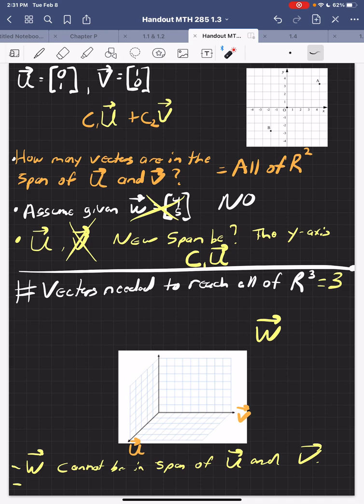They can't be scalar multiples of each other. So again, if this is v and this is w, then w and v would be scalar multiples of each other. They would be parallel to each other. Well, that's not going to increase your span.